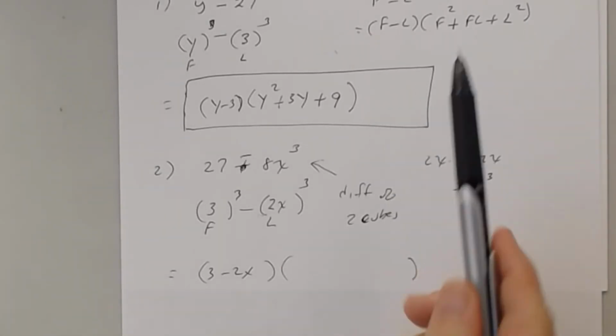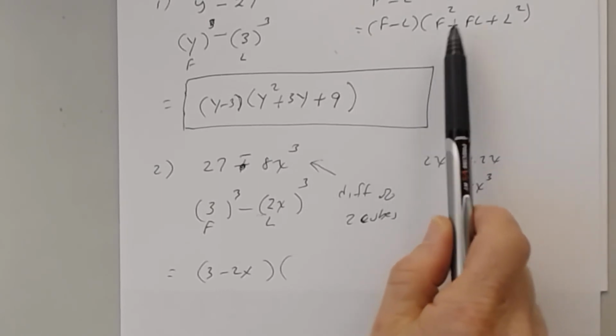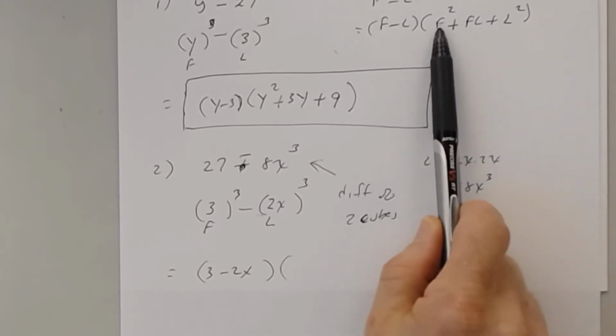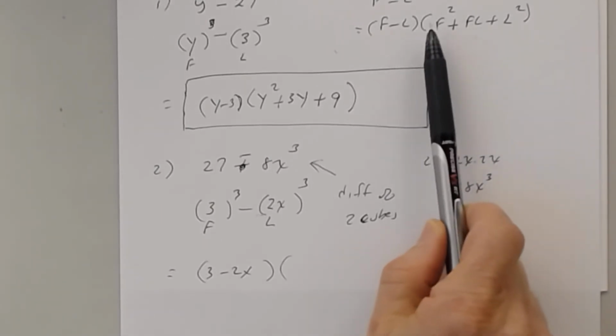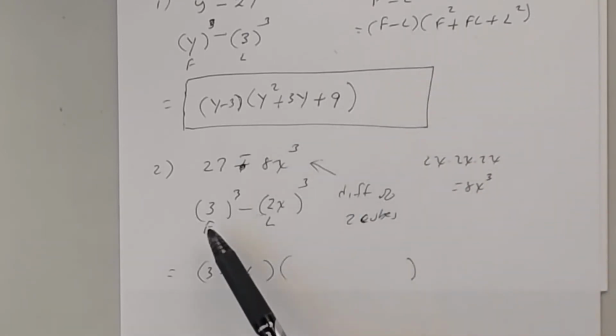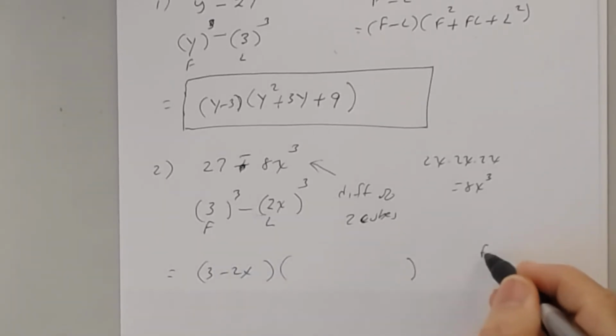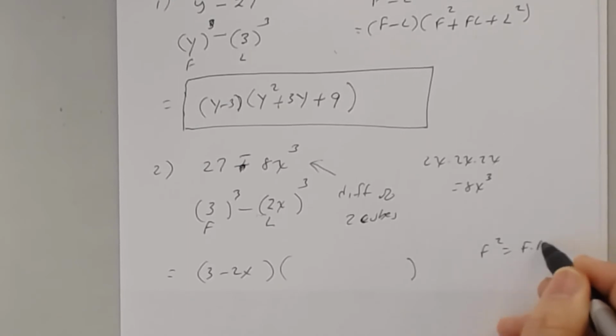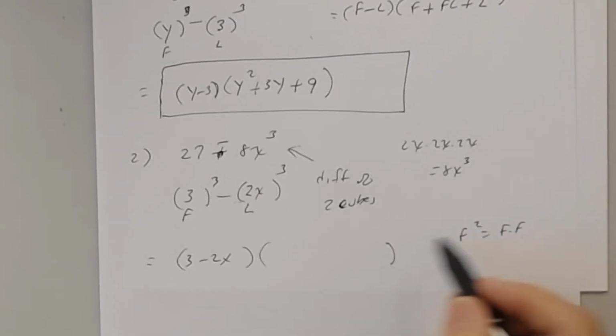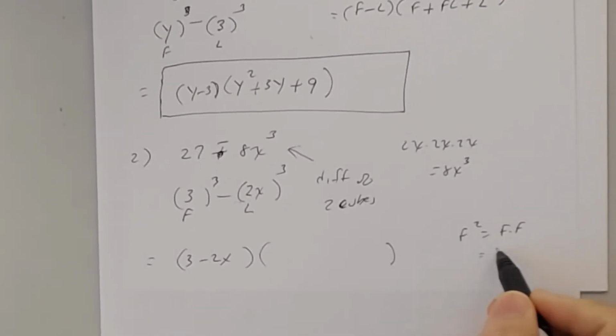All right, now be careful with the trinomial. Listen to the thought process. In my trinomial, the first thing I see is F times itself, F squared. What does F represent here? 3. 3 times 3 is 9. So remember, F squared means F times F. That's what that means. And in this case, F is 3. So 3 times 3 is 9.